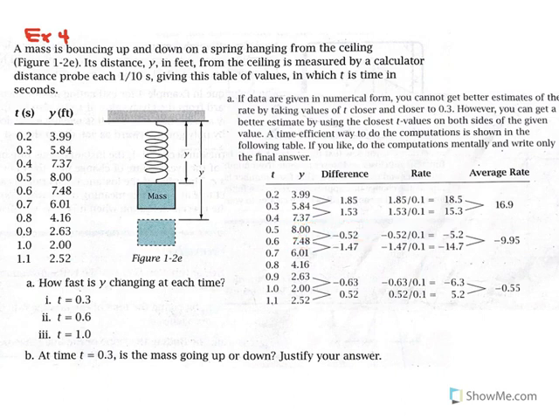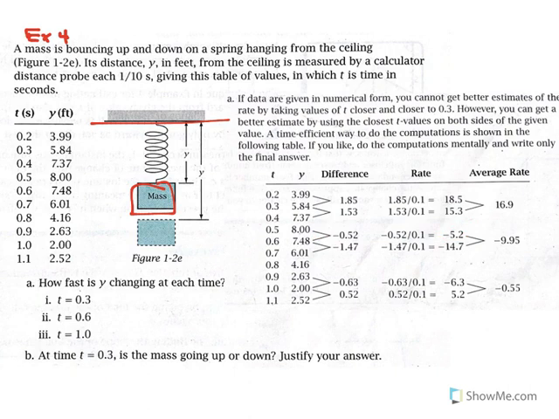And then we divide that by the change in time, which is 1/10 of a second, and that gives us an average rate of change on the time interval from 0.5 to 0.6 seconds of negative 5.2 feet per second. Why is this negative? Because on that time interval, the distance between the mass and the ceiling is decreasing. You can see that the distance decreased from 8 to 7.48 feet.